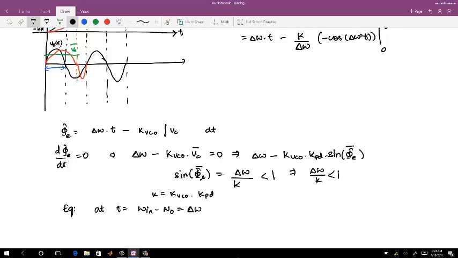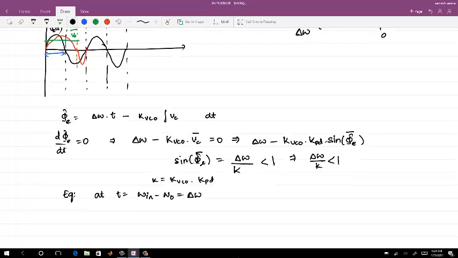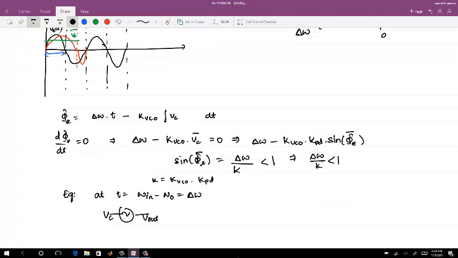Okay. Then if the VCO is the only block and the only control is V control, VC, and you have this V out, and the frequency relation is that omega out is equal to omega 0 plus K_VCO times VC, right?